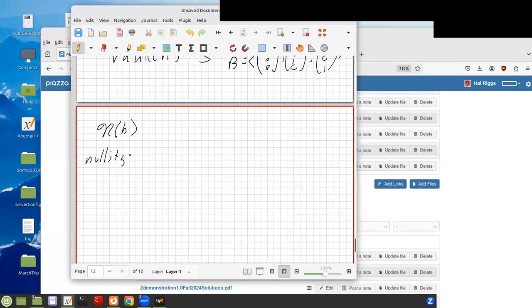What you're saying is you think the nullity is equal to 1, which would mean the null space only has one vector. I thought the nullity would be the number of vectors in the basis of the null space. So we need to figure out what the null space is.